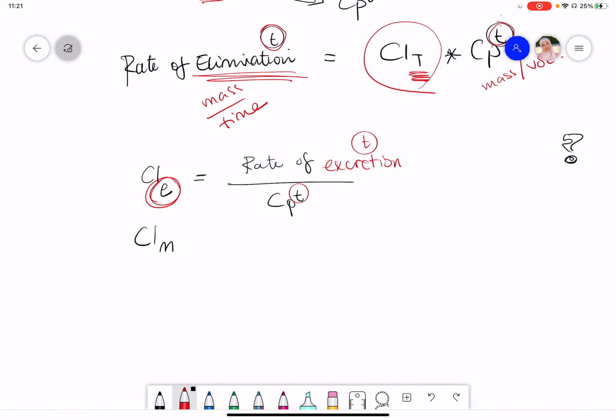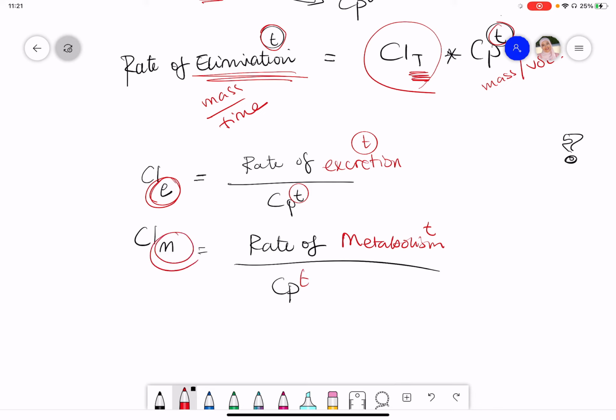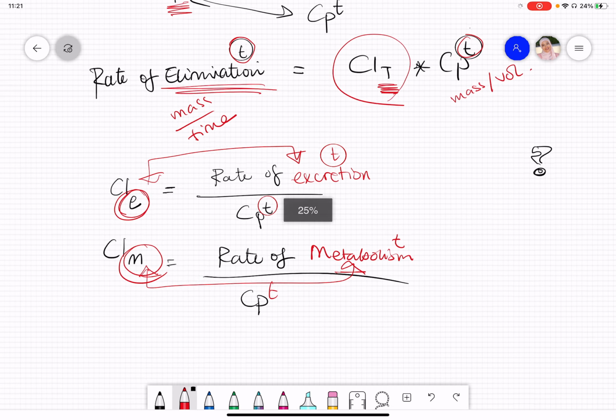If we want to determine the metabolic clearance, this would be rate of metabolism at certain time, because this is metabolism clearance. So just make sure that you are using again the right term or the right rate to determine the right clearance.